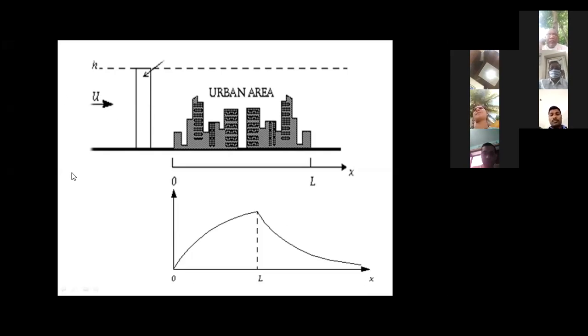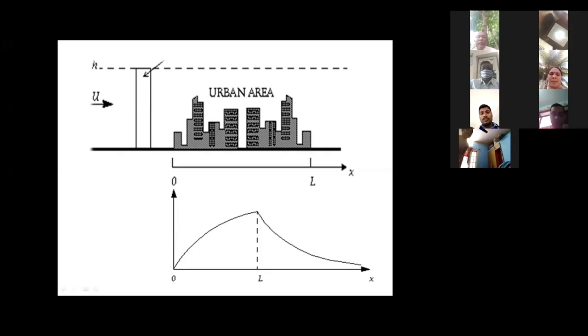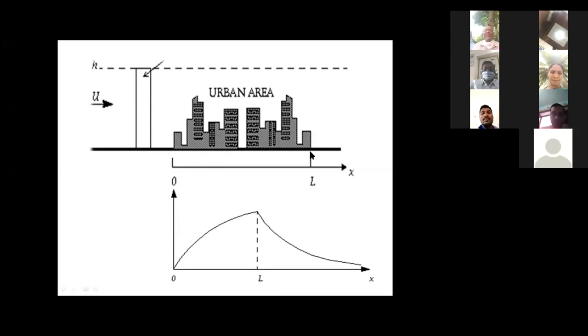If I plot the concentration of pollutant versus the distance, that is the downwind distance, then the concentration will look like this. You see that the pollutant gradually increases till L, because we have pollutants from 0 to L, that is, the pollutants are mainly emitted in the urban area.